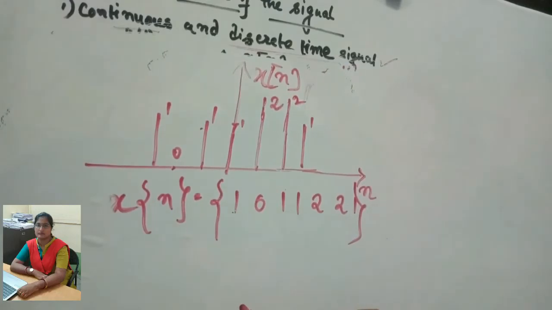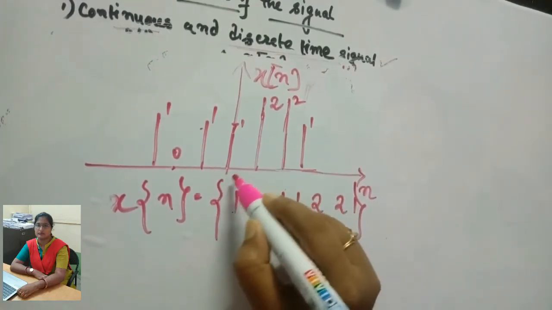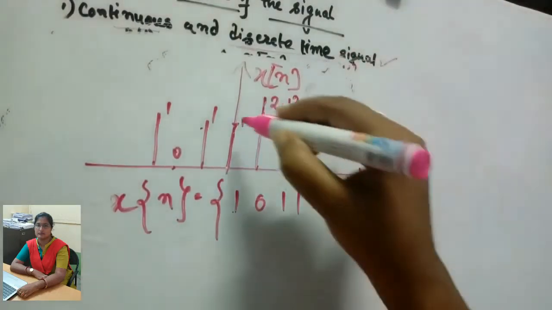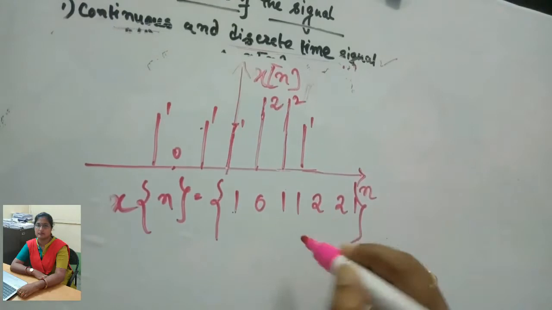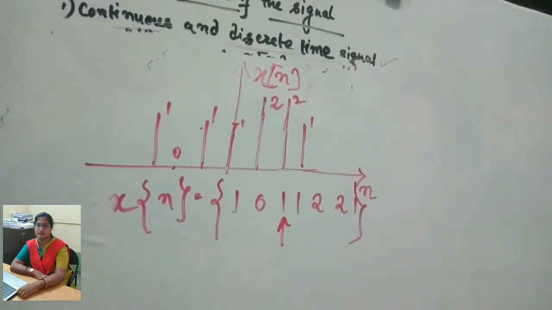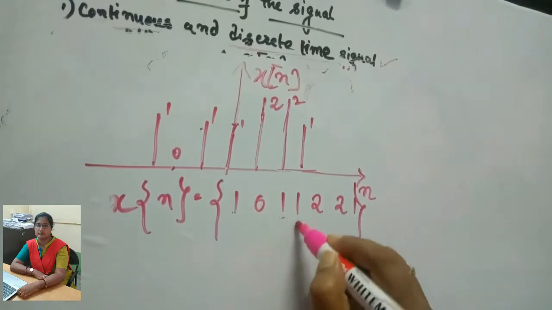To solve this problem, we just put an arrow in place of the time axis when t equals 0. So here this is the value of t, so we can place an arrow in this case.